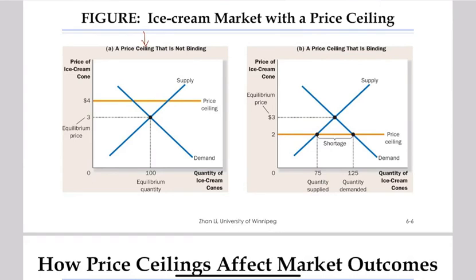Here you can see some numbers: at the price of $2, quantity demanded becomes 125 and quantity supplied becomes 75. So there's a shortage of 50 units. To summarize, if a price ceiling is lower than the market equilibrium price, then the price ceiling will be binding and a shortage will happen.